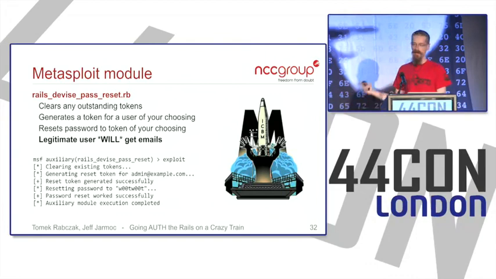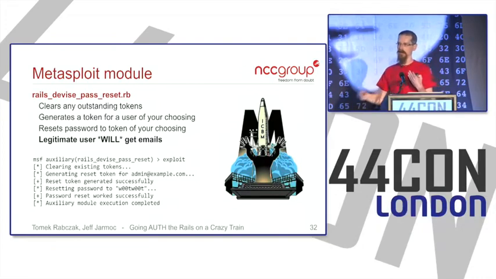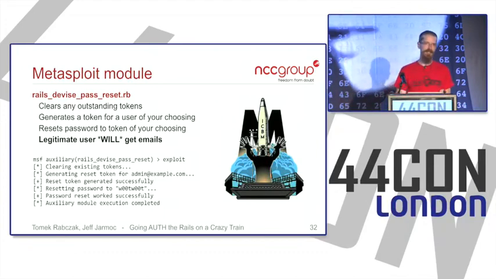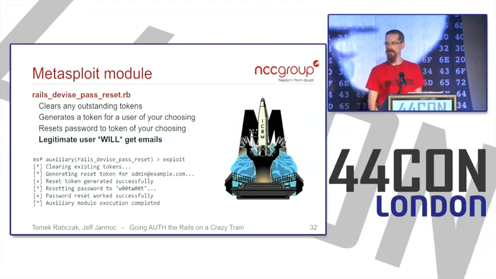It's then going to reset that password to a token of your choosing. Usually it'll work on the very first request, because if you send a 0, it's going to match anything that's alpha. If you get unlucky and your token happens to start with an integer, you have to match that integer. So you can configure how high you want the integers to go and how hard you want it to keep trying. The important thing to note is that the legitimate user is going to receive emails that they requested a password reset.